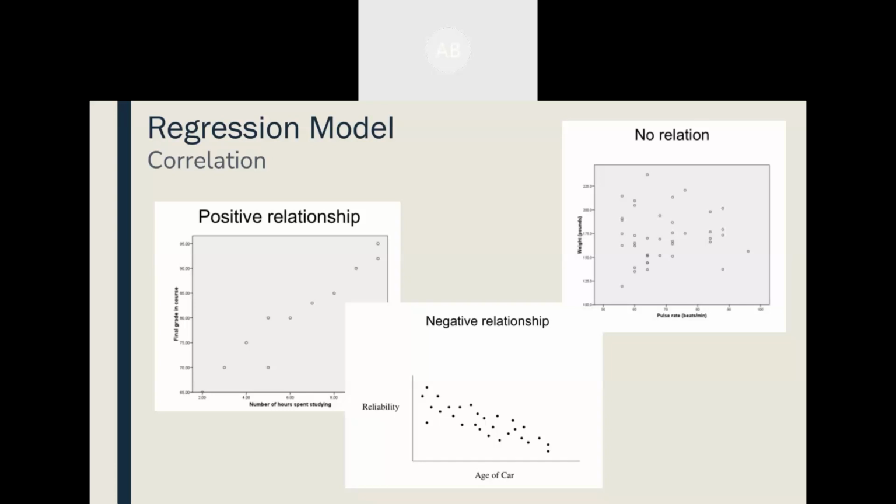So the more the age of the car, the lower the reliability of that car. There is also a relationship, but it is a negative relationship, as you see on the screen in the middle. And there may be two variables which have no relationship at all.